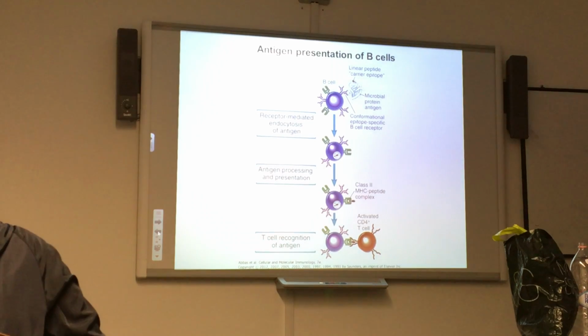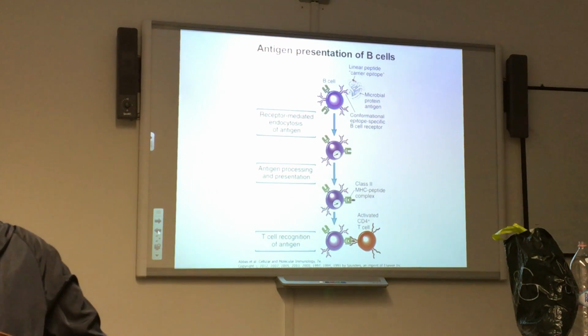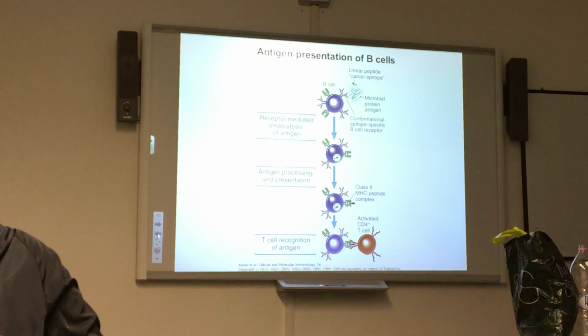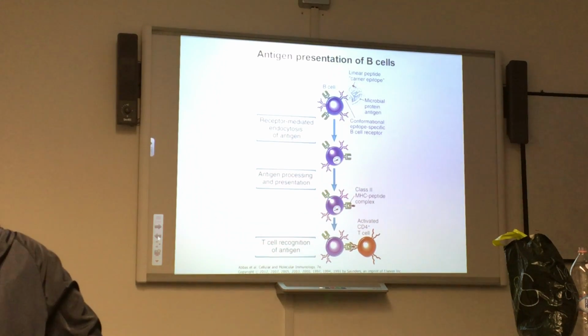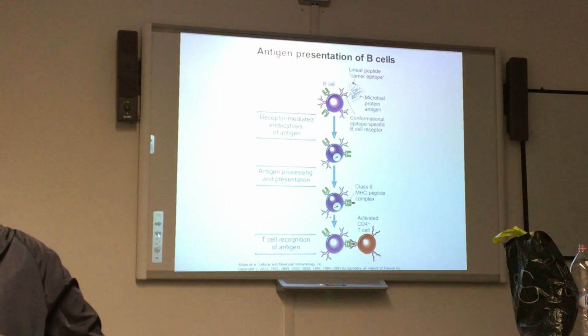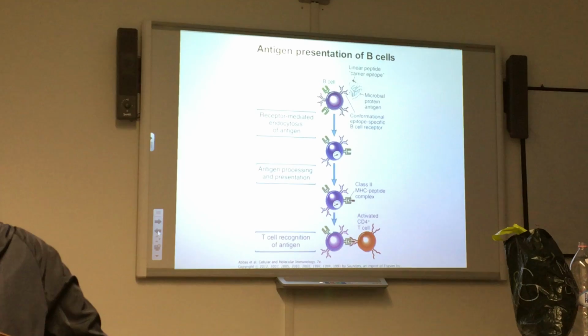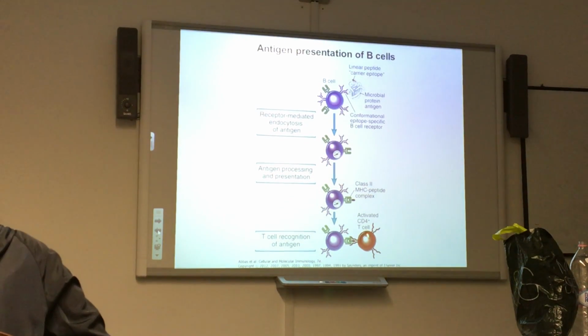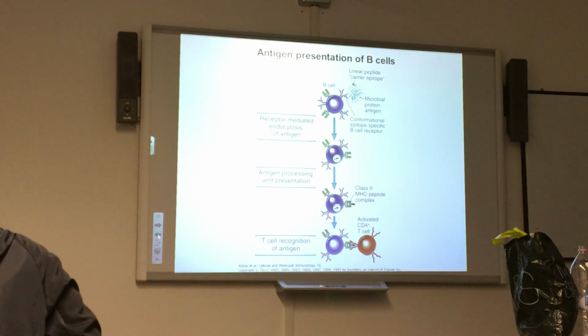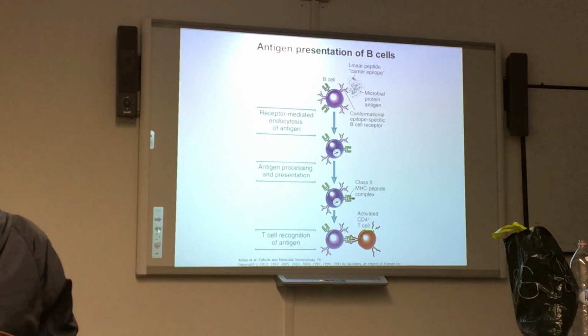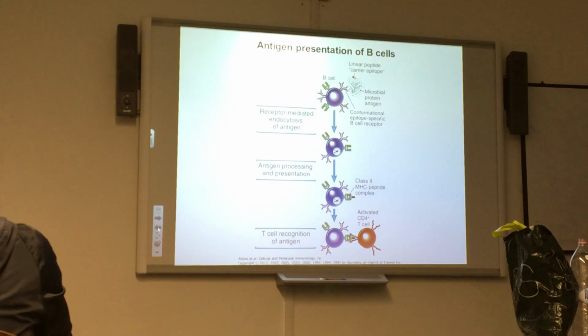So the BCR will be activated through the immune complex, and the cell binds it to MHC class 2, and will present it on the surface in a complex, so the antigen and MHC2 complex will be recognized by the T helper cells.